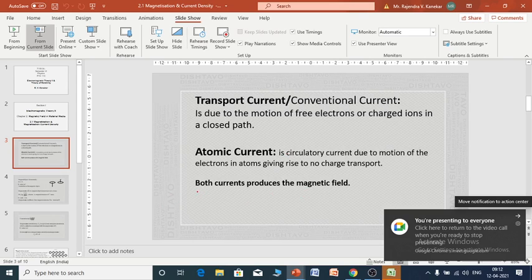Then the resultant magnetization current density is the x component times i cap, the y component times j cap, and the z component times k cap.